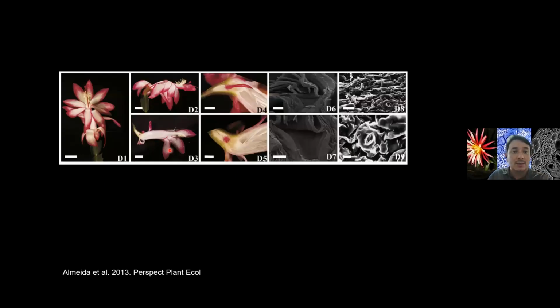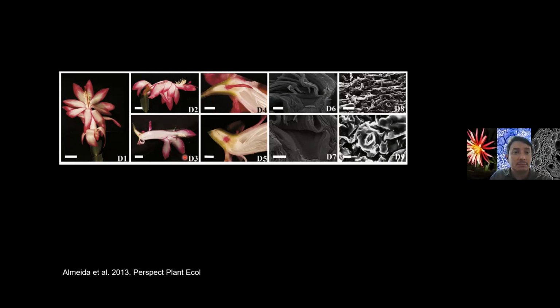So taking the Schellenbergia truncata as an example, this kind of flower, the floral display, the color, we could expect to see birds visiting this flower, because the features of the flower fit very well in ornithophilous syndromes of pollination.